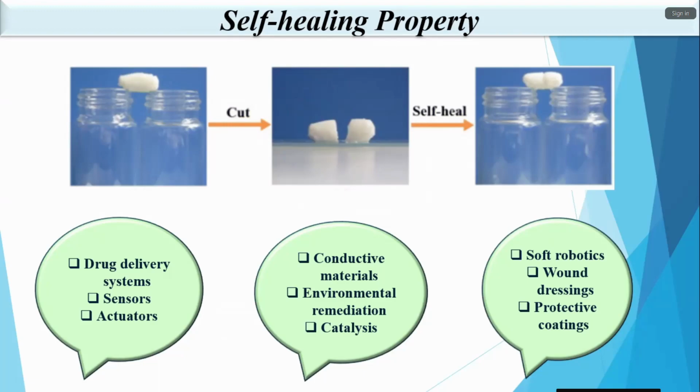This property is also associated with non-covalent interactions. It has a fibrous morphology and a 3D entangled network. Initially when these are disrupted, they deform their shape, and then when we rejoin them, they return to their initial state through these non-covalent interactions.